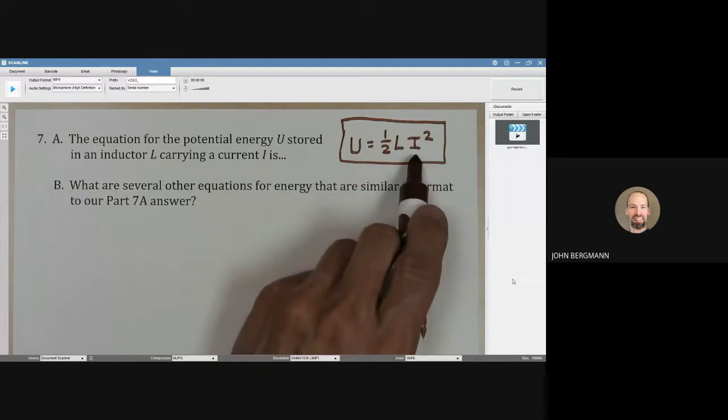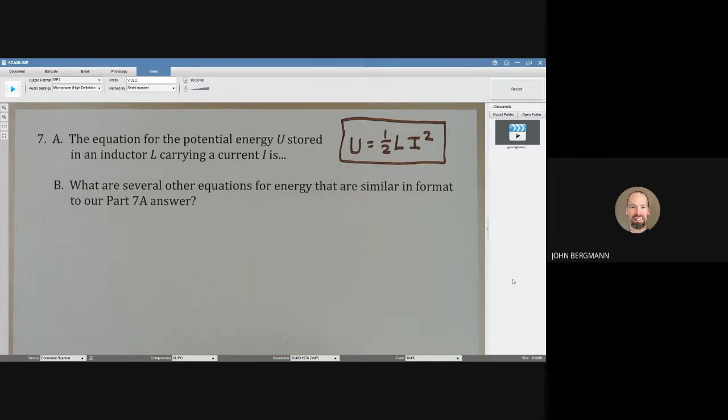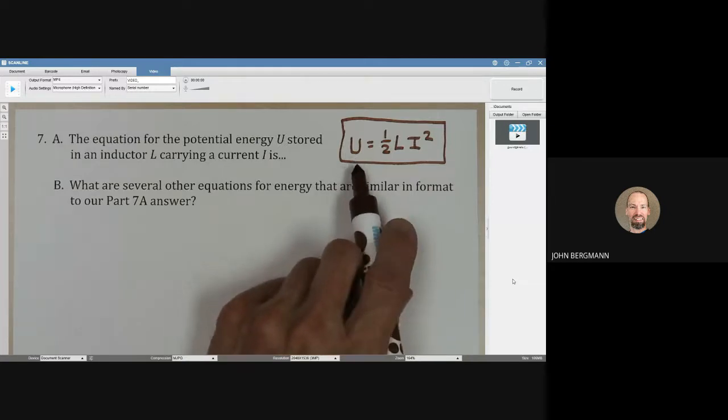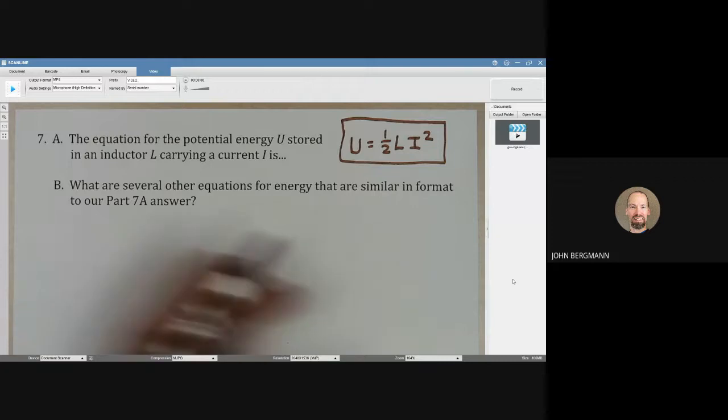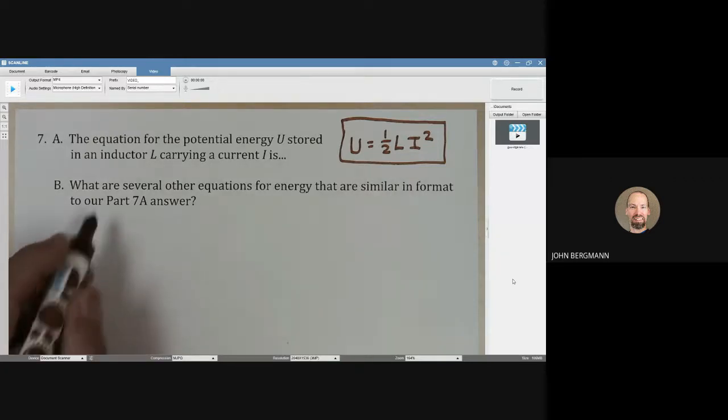The greater the current that's going through the inductor, the greater the energy that is stored in the magnetic field in that inductor's loops, and which is then able to be released if the current starts to suddenly drop off. And there are several other equations, aren't there, in physics that kind of have this same pattern.